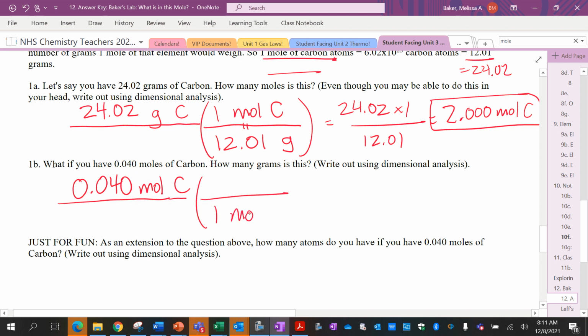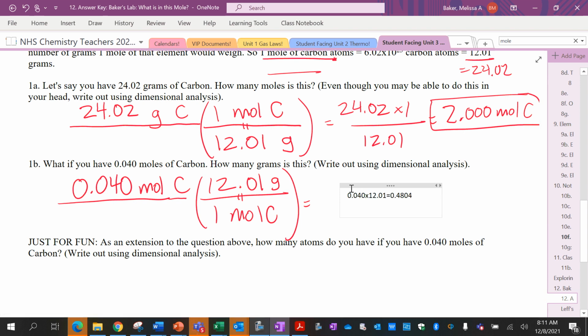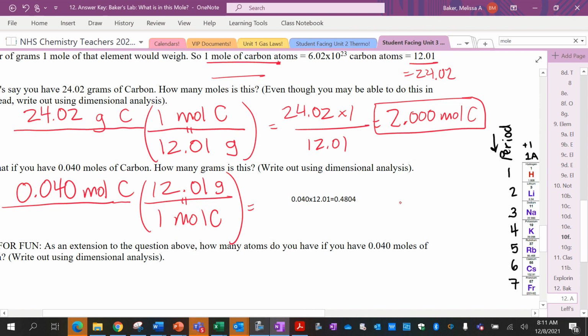Well, we know 1 mole of carbon is equal to 12.01 grams. So now if we multiply this, I'm just going to use one now, 0.04 times 12.01, and then 2 significant digits. So the answer would be 0.48 grams of carbon. Because moles of carbon cancels out, and we've got grams of carbon.